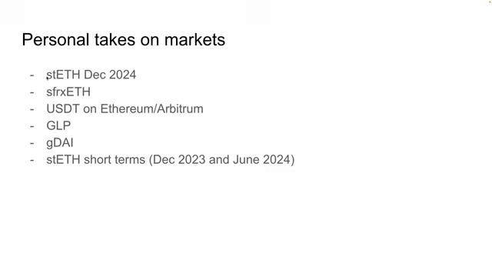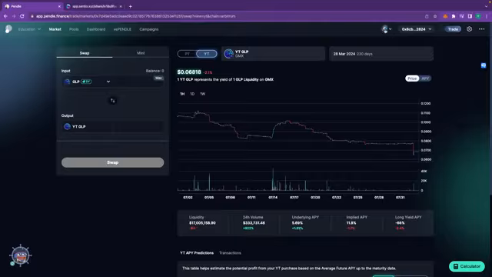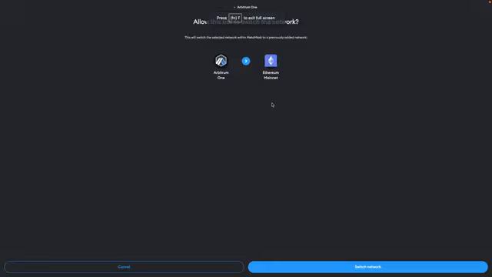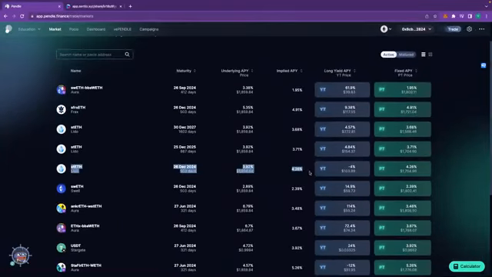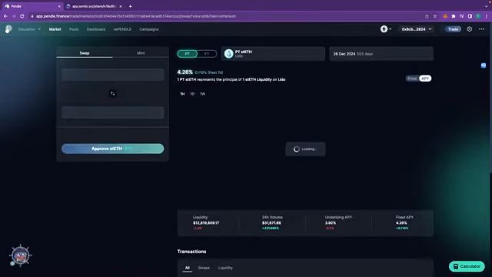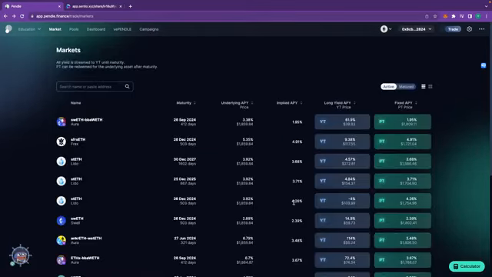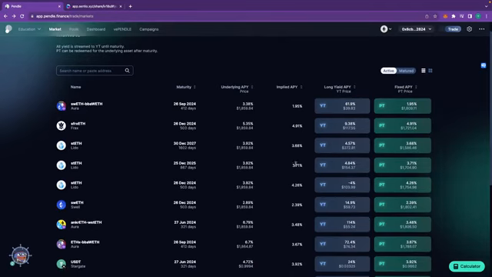Firstly, I need to talk about this stETH December 2024 market on Ethereum. So if you look at this particular stETH market, what do you see? Right away you can see that among the stETH markets, this particular market has significantly higher implied APY compared to, say, the 2027 or 2025, and also the other stETH market on Arbitrum.